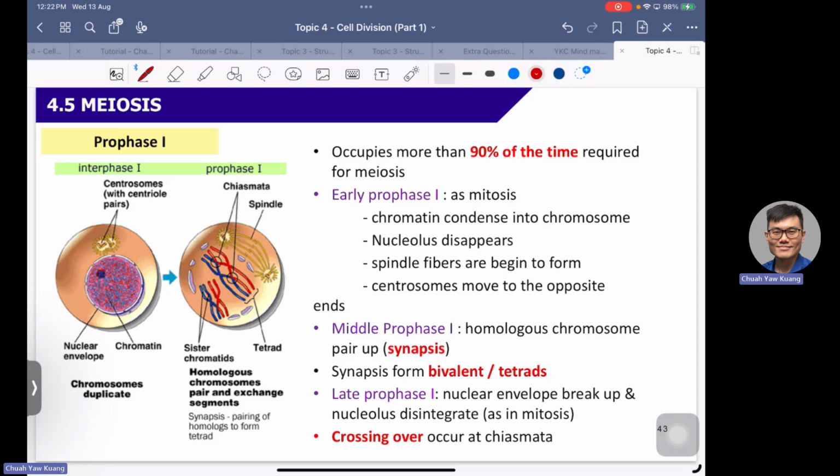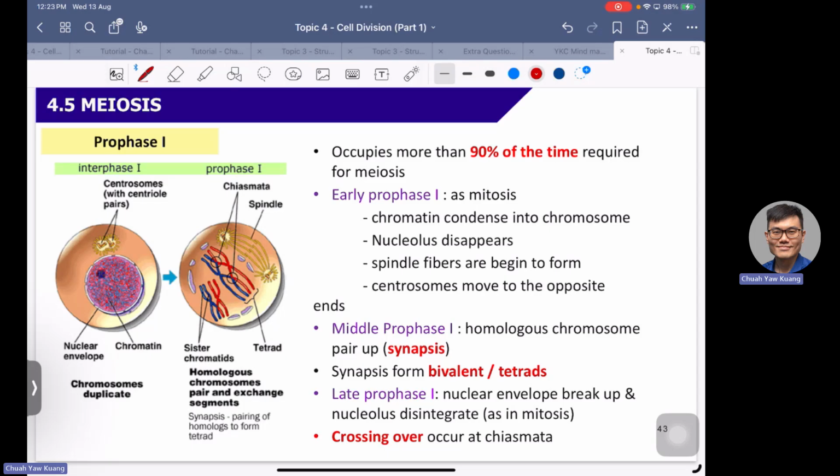In the late prophase 1, the tetrad will do the crossing over. Before this, mid prophase 1 is like this, they just pair, synapsis. Now during the late prophase 1, crossing over occurs. Crossing over means that they will exchange genetic material. They will exchange because this one comes from the father, this one comes from the mother. So they pair, then they cross over, and this is where they exchange the genetic material.